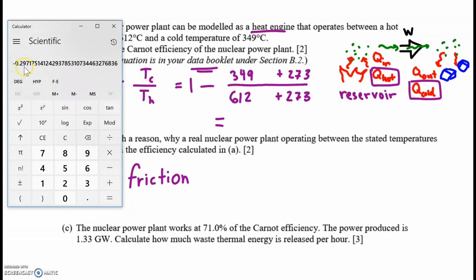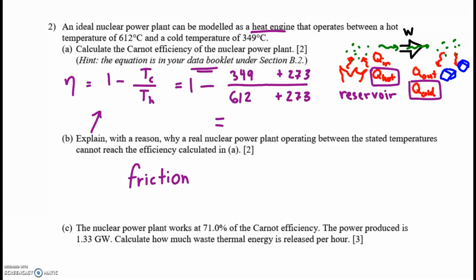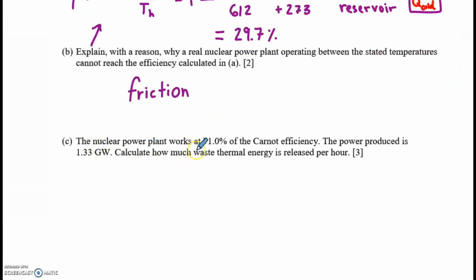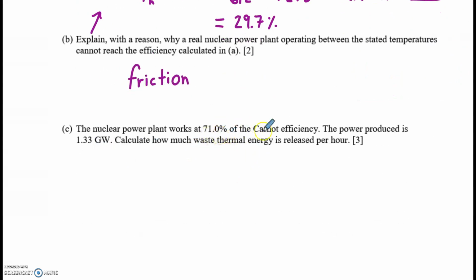So it's positive this. 29.7%. That's our efficiency. The nuclear power plant works at 71% of the Carnot efficiency. So the efficiency is 71% of 29.7%.